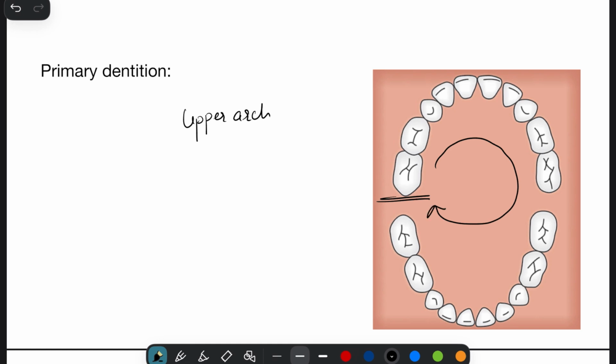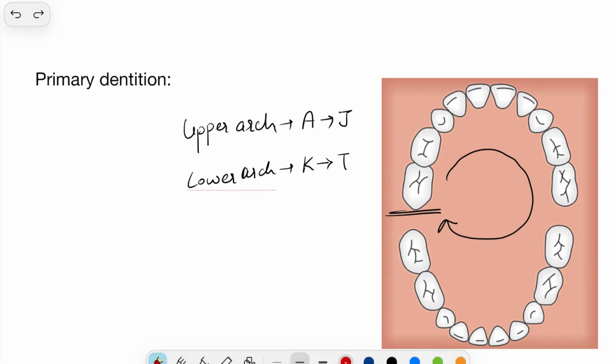Upper arch is A to J and lower arch is K to T. So let's start naming the teeth.